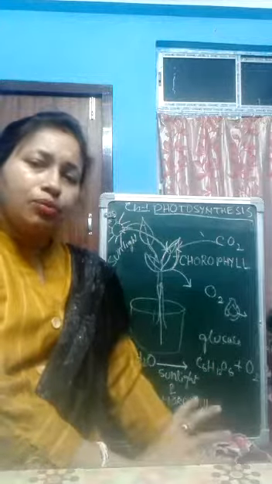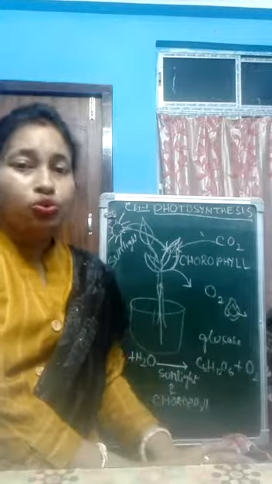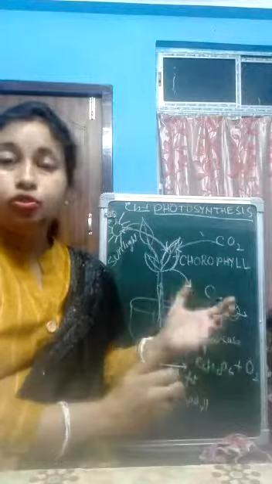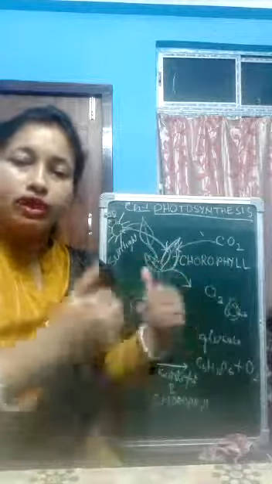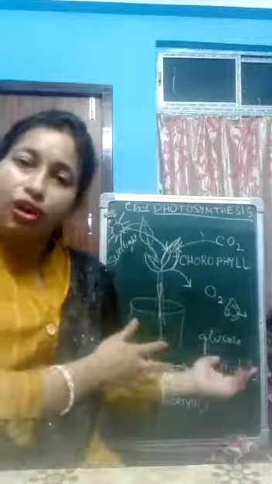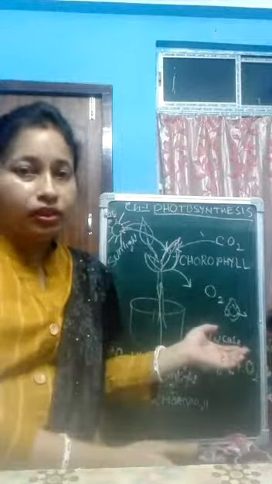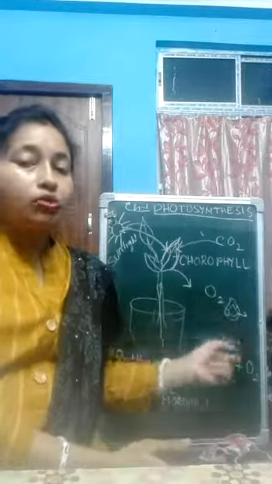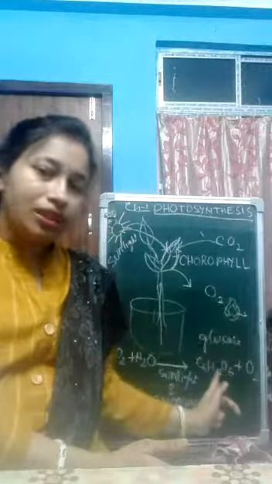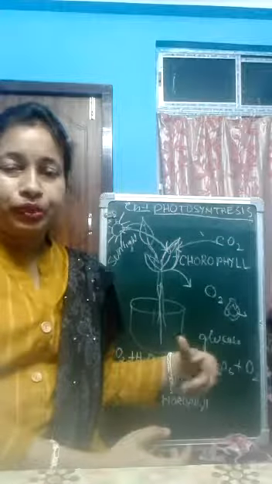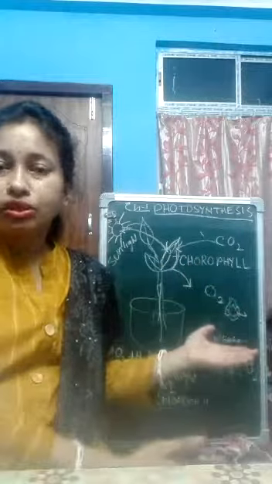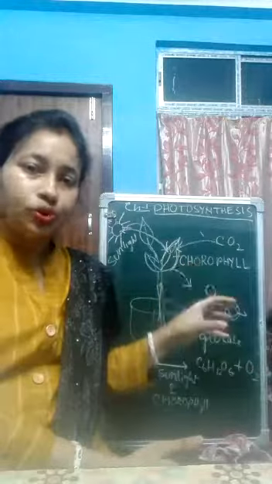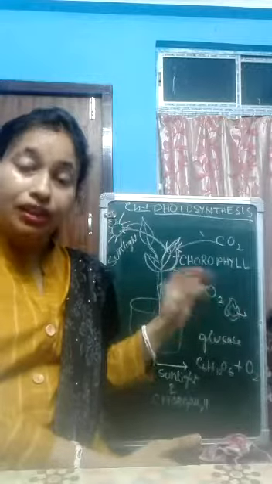Now these plants are the actual source of the energy, the food for the whole world. Whatever food we are taking, whatever energy we are getting, we are getting from these plants only. If plants were not there, we would not have got this energy, because we are getting energy from the food that is called starch. Plants use glucose, and the excess glucose which is produced is stored in the plants themselves in the form of starch.